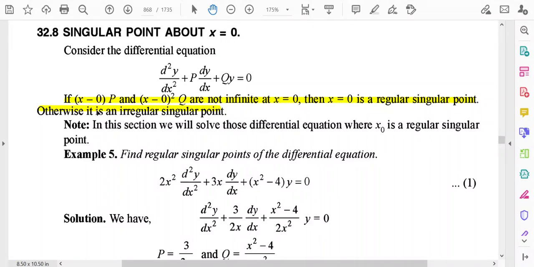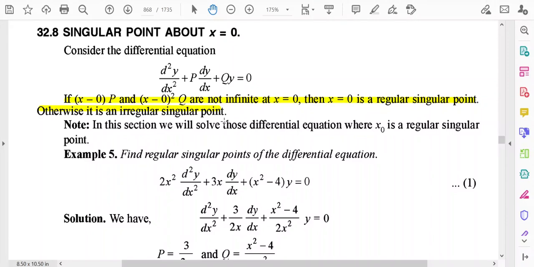So if x minus 0 into p and x minus 0 whole square into q are not infinite at x is equal to 0, then we will say that x is equal to 0 is a regular singular point. Otherwise, it is an irregular singular point.